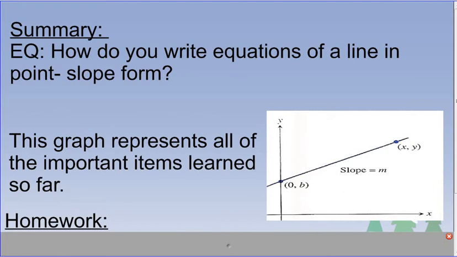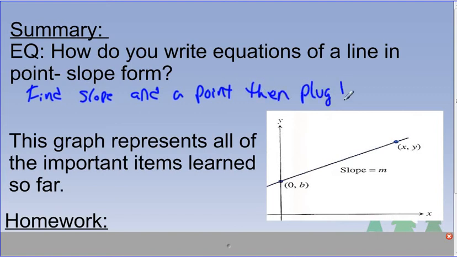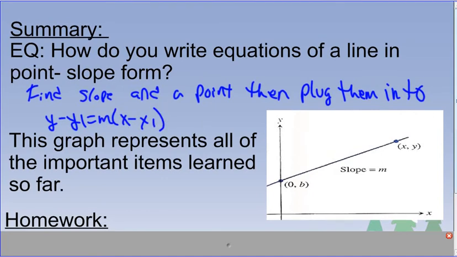Well, you find the slope and you find a point, then plug them into the y minus y1 equals m times x minus x1. And that's all there is to it.